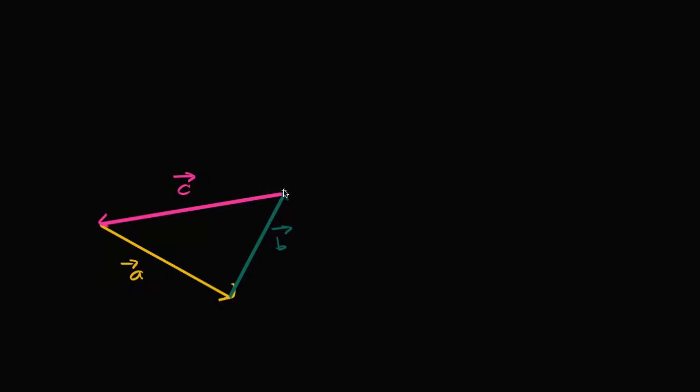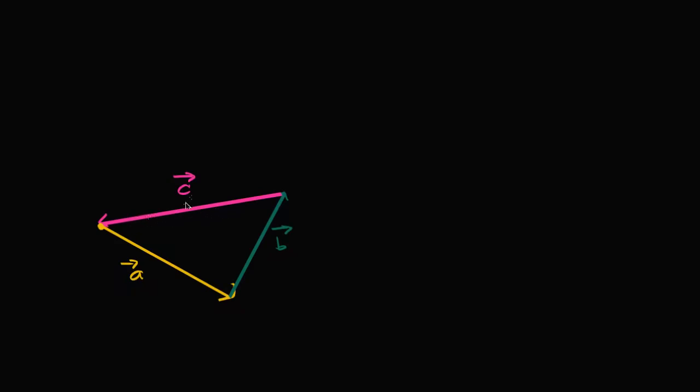You could start, let's say that you started at this as your initial point. You said, okay, A plus B. Well, if you're trying to figure out what A plus B is going to be, the resulting vector would start here and end here. But vector C is going in the opposite direction.